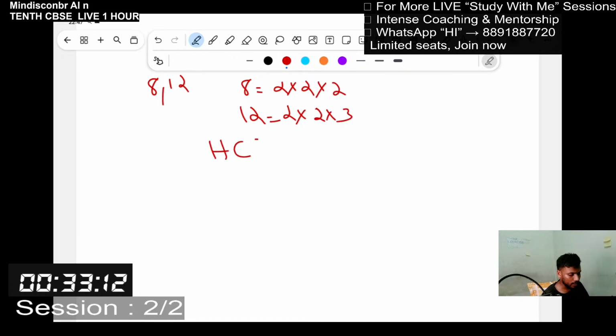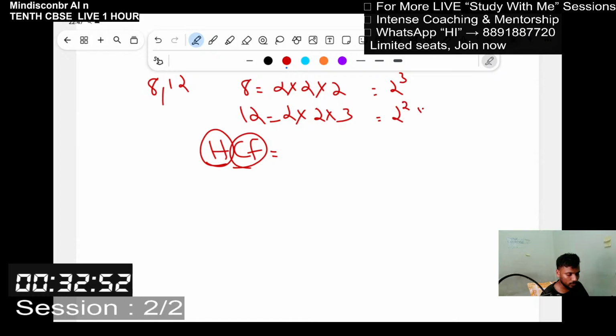HCF is highest common factor, that means common factors should be there. The only common factor is 2, that is 2 cube and 2 square, and since it is highest common factor, we have to take the lowest power of them, that is 2 square, which is 4.